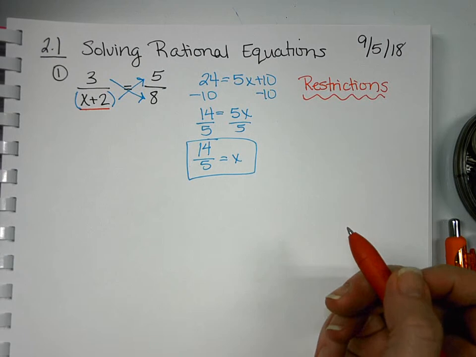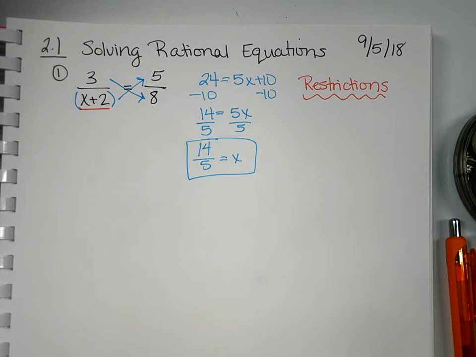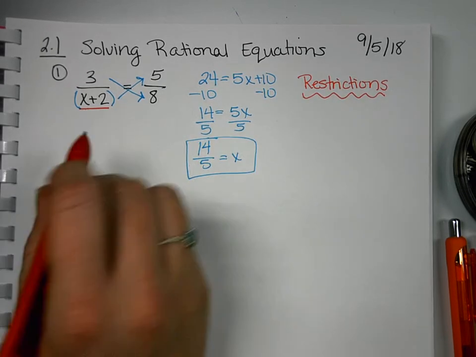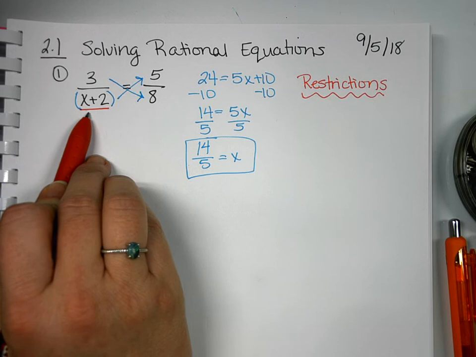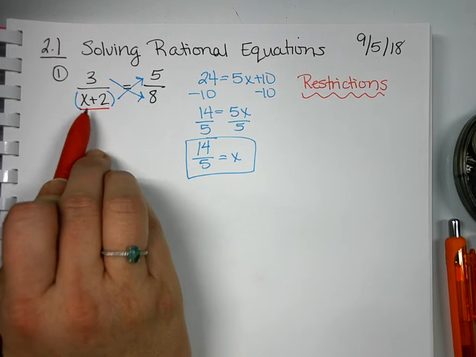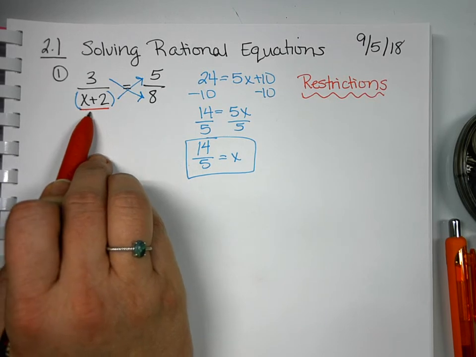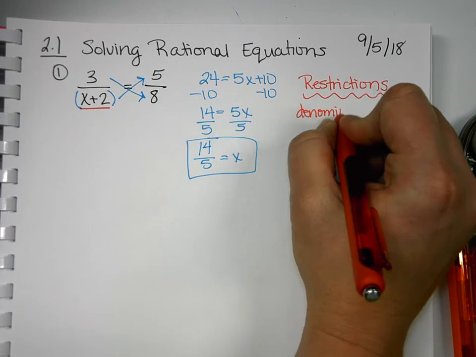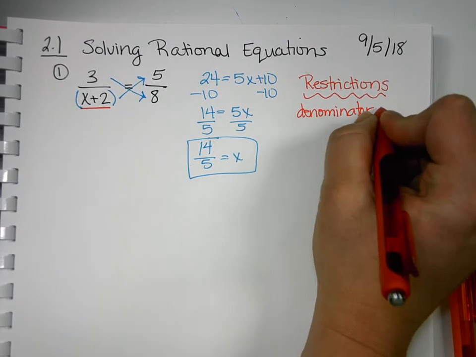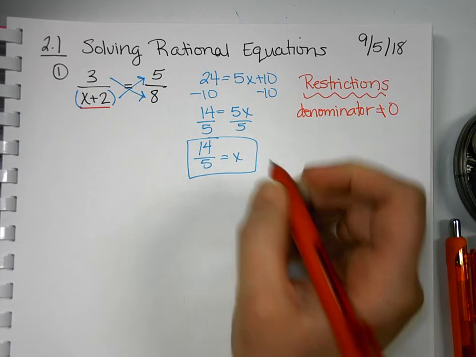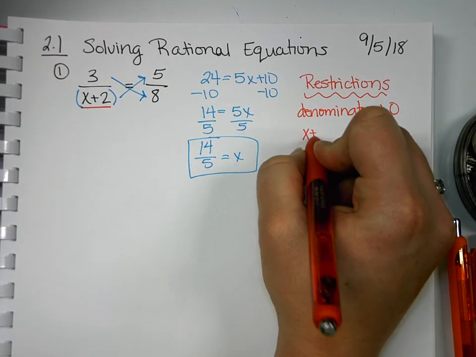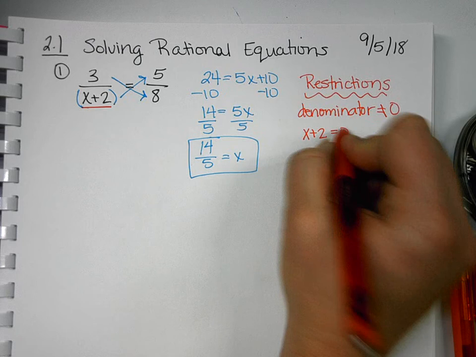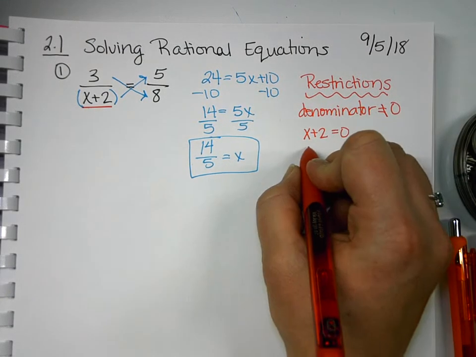So I need to think about the values of x that can never happen because it will make my entire problem undefined. So because we can never have a 0 in the denominator, I'm going to take the value that's in my denominator. So if you want to make a note, denominator can never equal 0. So I take what's in my denominator, I set it equal to 0, and solve.